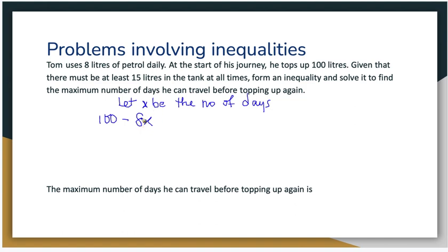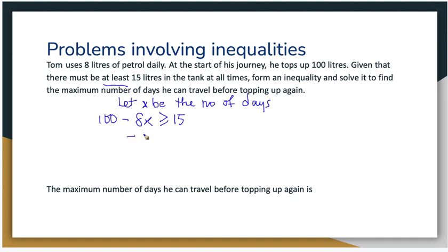So whatever he used up will be 8x. And this has to be at least. Now, what is the meaning of at least? At least means 15 is included and more than 15. That is the meaning of at least. Right? 15 or more, that is.